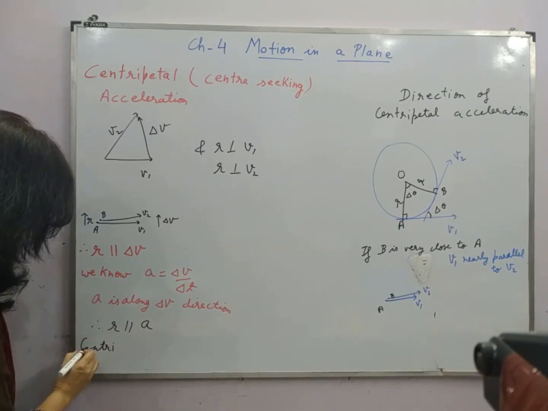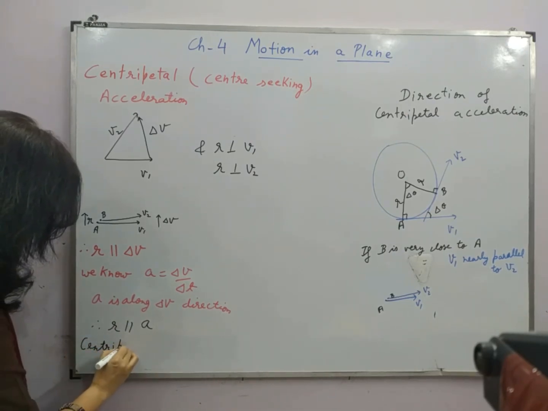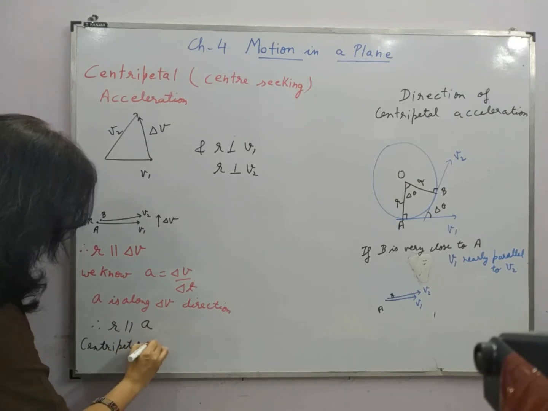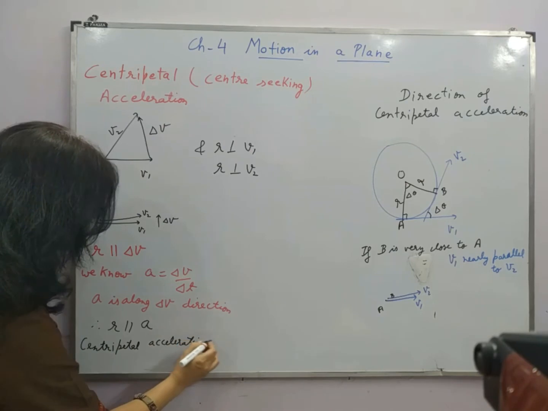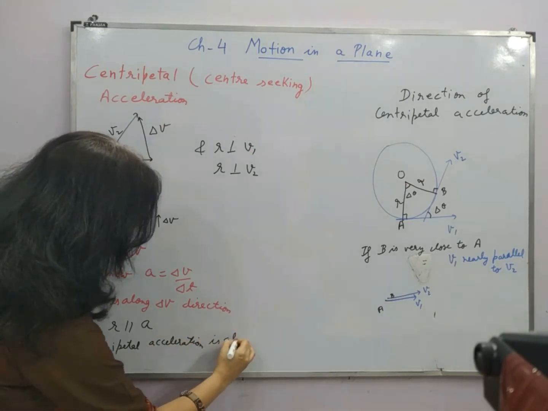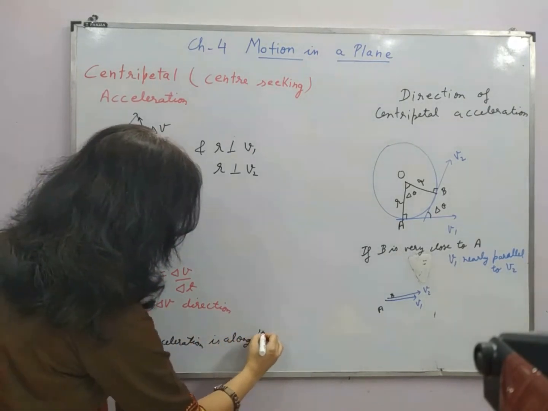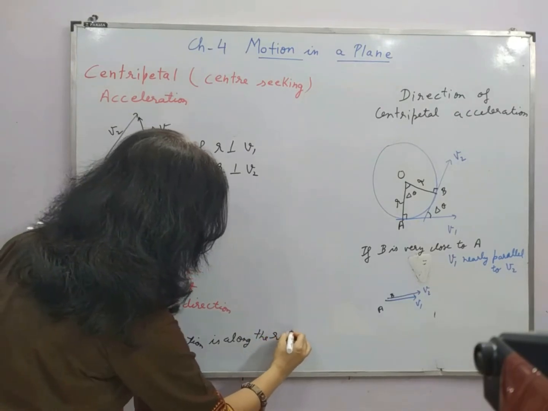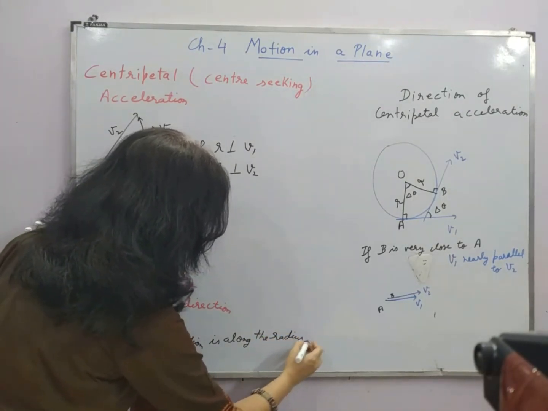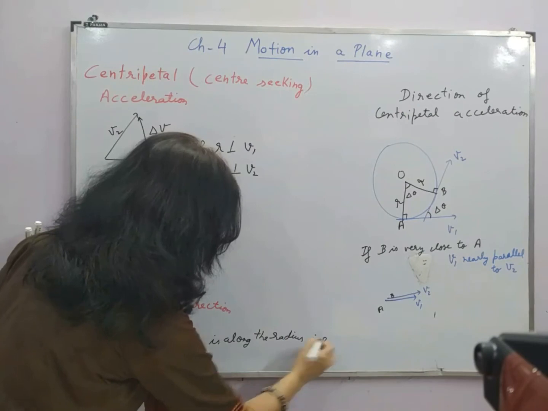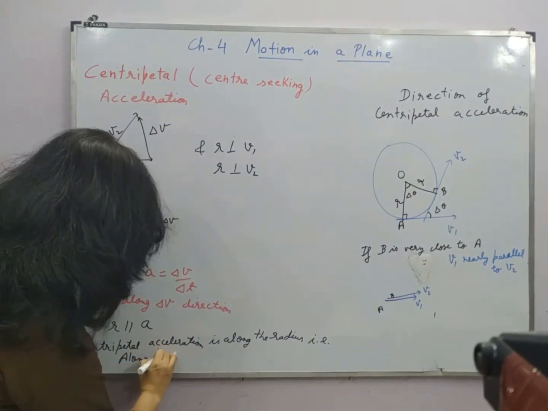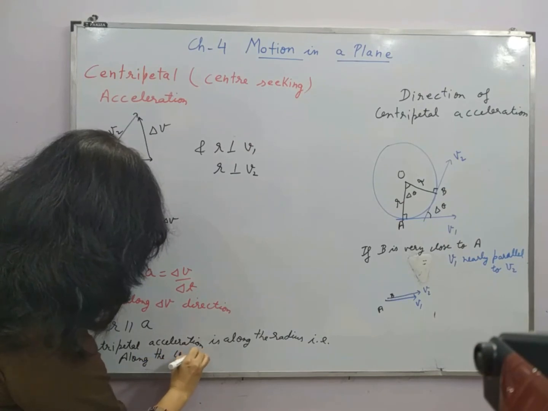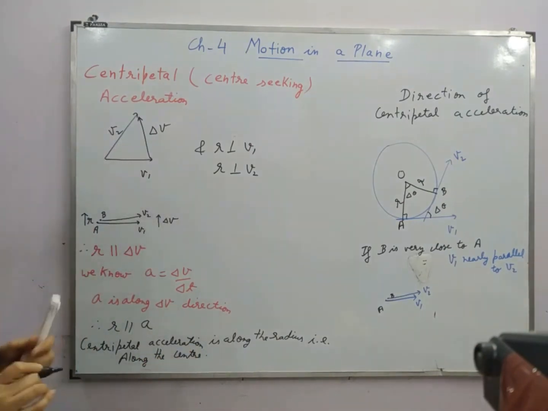So I can say that centripetal acceleration is along the radius, that is along the center. Right?